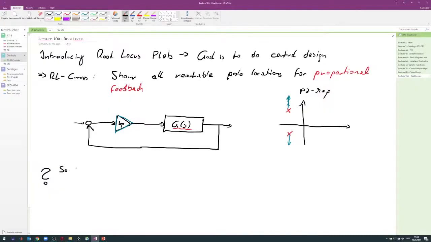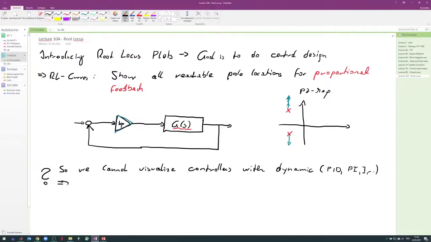So the question now is, can we visualize controllers with dynamics? Let's say a PID controller or PI controller or just an I controller, something like that, right? So the answer obviously is yes, we can. But we need to stick the dynamics of the controller into the plant.